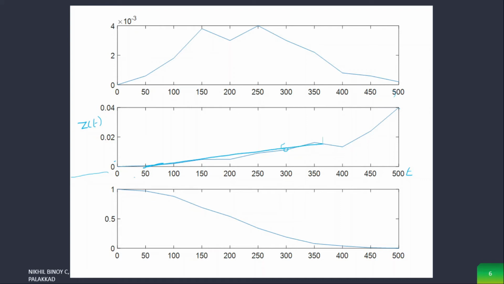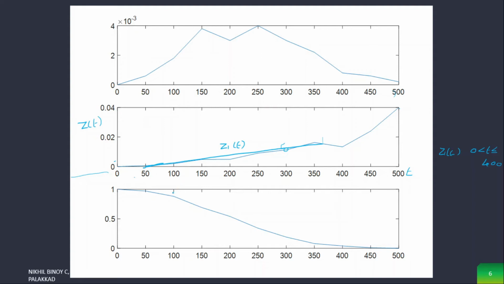So we have Z1 of t, if 0 less than t less than or equal to 400. This is Z1 of t, that is from 0 to 400.